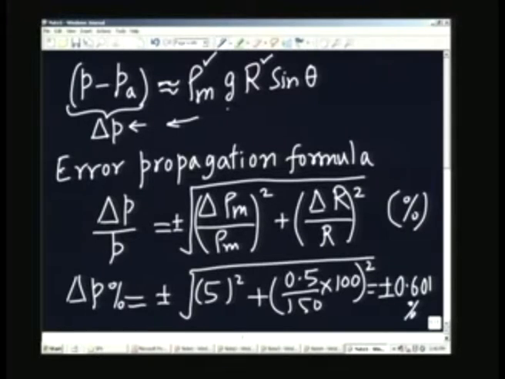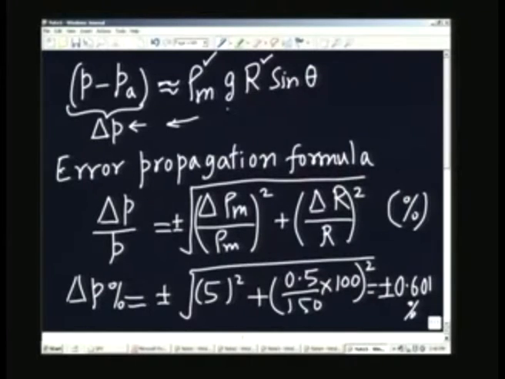Just go back and calculate, or compare this error with what happened when you neglected the value of the density of air. Previously I had 0.12%. If you go back, you will see. So, the percentage error between the two cases, this was 0.12 and 0.6, about 5-fold. This error is not negligible. So, as in the previous case we said that the error due to the neglect of the density of air itself is very small, it can be neglected, but not this, because this is about 5 times that error.